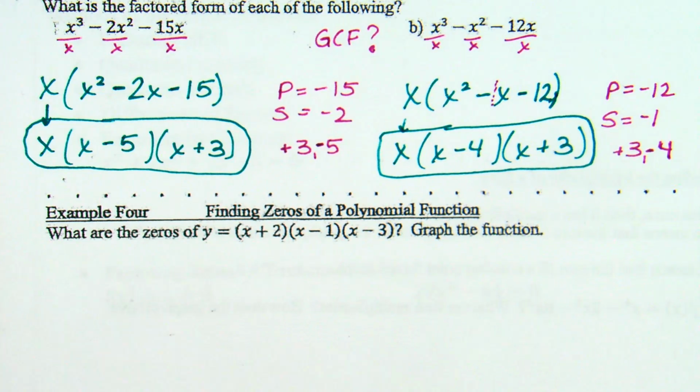Off to the right, I'm going to make a quick vocab list. The idea of zeros. Okay. Zeros are the same as x-intercepts. And when I say x-intercepts, I'm talking about where the graph crosses the x-axis.